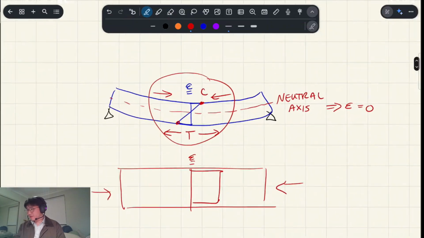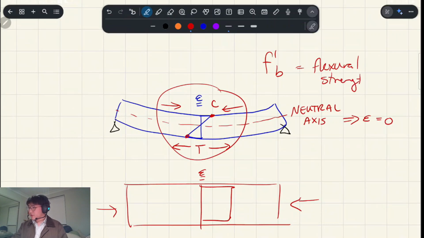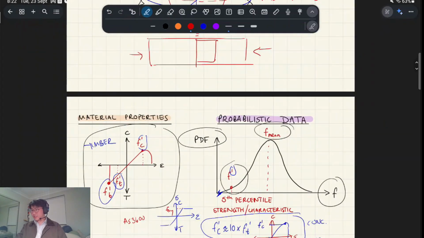So with that in mind, what FB is, is its flexural strength, right? Flexural is just another way of saying bending. And this is different because essentially the timber will fail on the tension side before the compression side in the case of normal bending. So that's why I've put it on the tension side here.